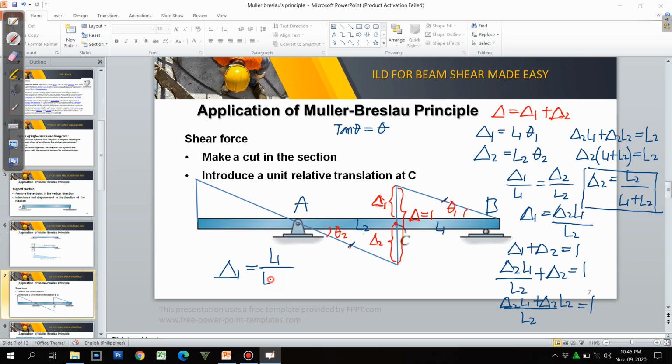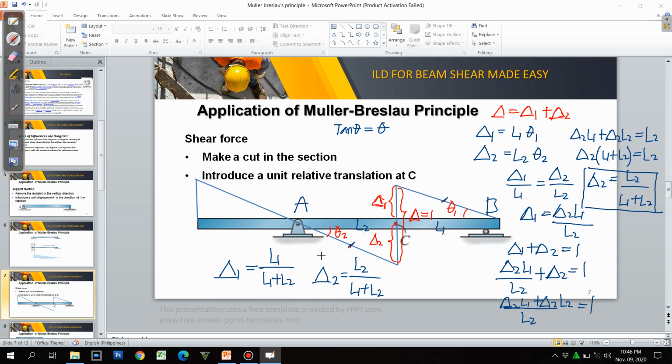That is actually L1 plus L2, and then you can now use ratio and proportion. So if not, just stick to that formula. Delta 2 is equal to the base length of the triangle all over the sum of the bases of the two triangles, say L1 plus L2. And normally these two triangles are within the enclosure of the two support reactions.